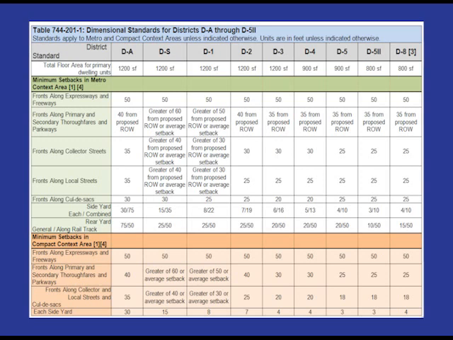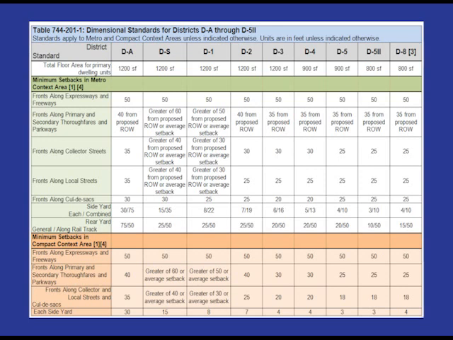What is the required frontage if it's on a collector street, on a local street? You'll see these setback requirements differ depending on the type of street it's located on. You'll also see it can differ if it's on a cul-de-sac. It also shows you what the side yard setback requirements are.